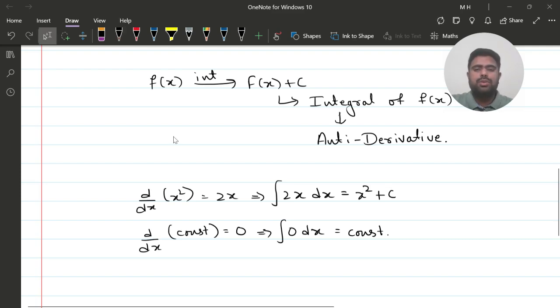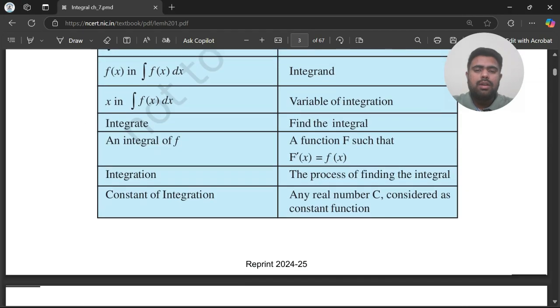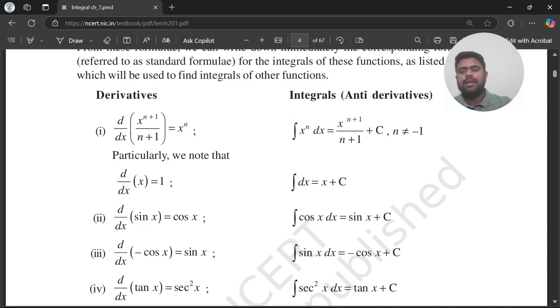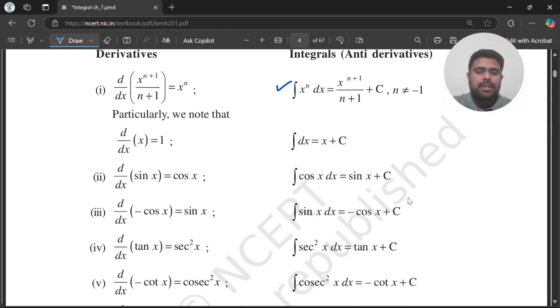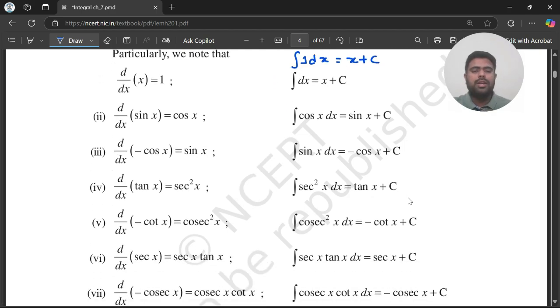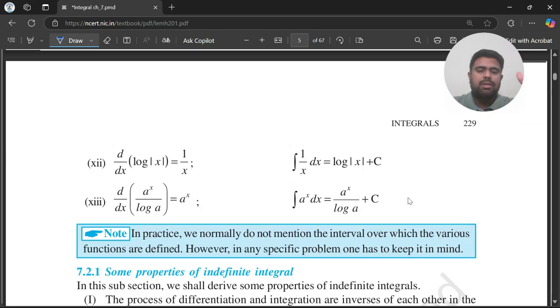What I suggest to you is, if you come to the textbook, they have given the list of standard integrals. The integral of x raised to n is x raised to n plus 1 by n plus 1 plus c. The integral of 1 dx is x plus c. The integrals of all the trigonometric functions, inverse trigonometric functions, and then 1 by x, a raised to x, e raised to x, everything is given.